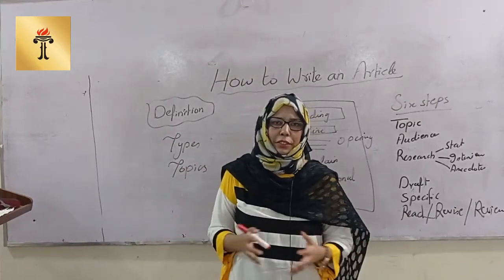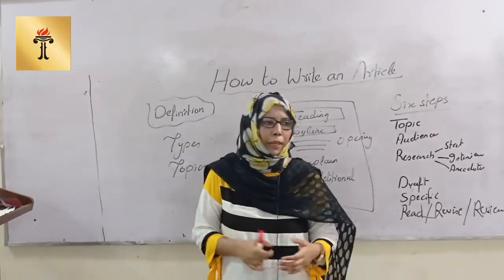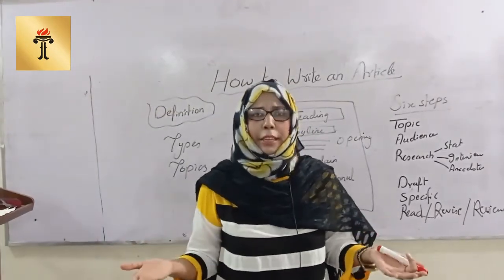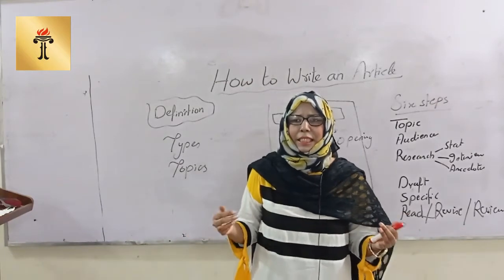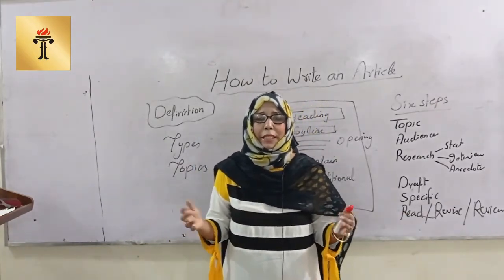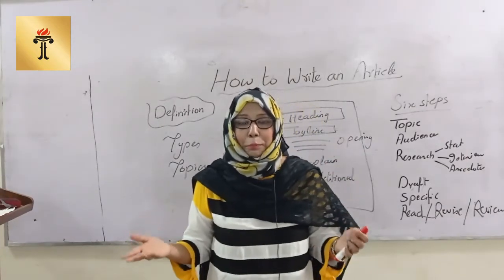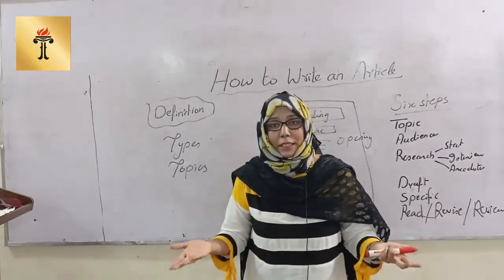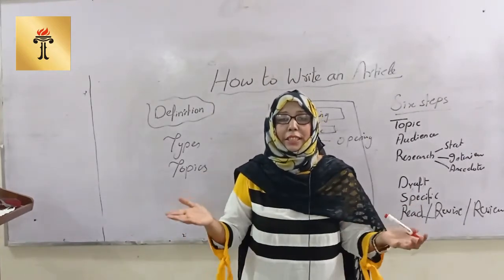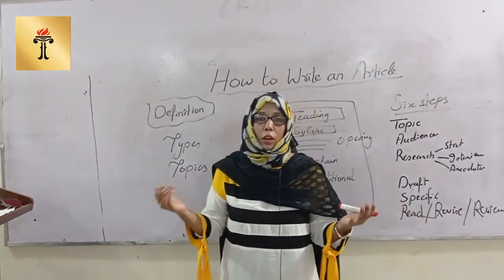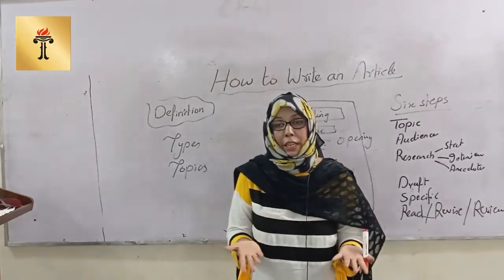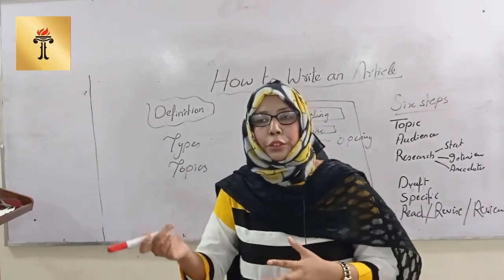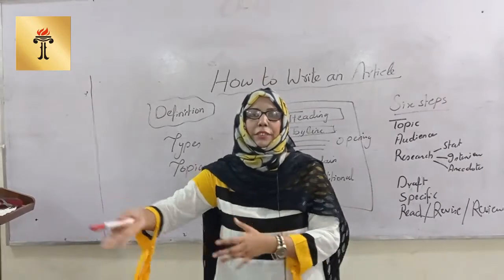On which topic must one write an article? There are various topics: social issues, child marriage, child labor, violence, terrorism, politics, inflation, corruption, feminism, patriarchy, and massacres, bloodshed, all these things, and these are the topics on which articles are being written nowadays. If you are in the habit of reading an Urdu newspaper, you would find a different interest.